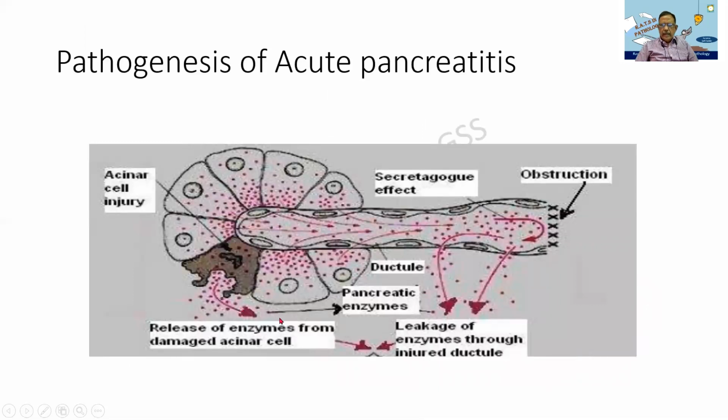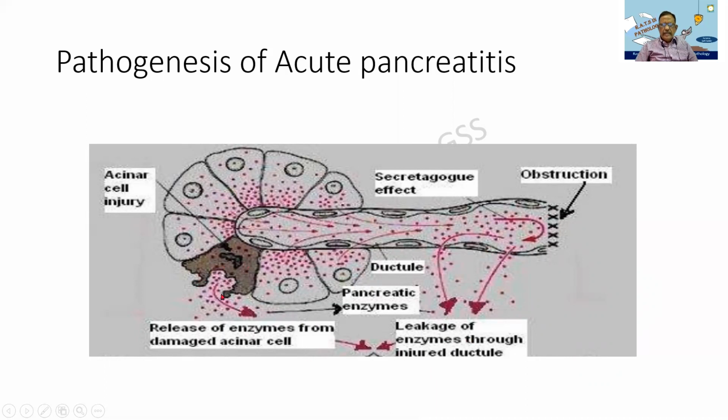This is a beautiful picture. I would like you people to kindly follow this. Pancreatic acini have very powerful enzymes. Whenever there is an obstruction, there can be a leakage of the enzymes through the ductal epithelium. And these enzymes are very powerful. They will be digesting the fat, leading to fat necrosis.